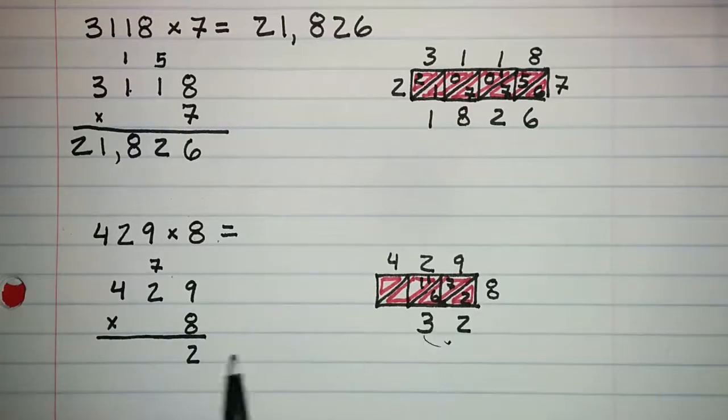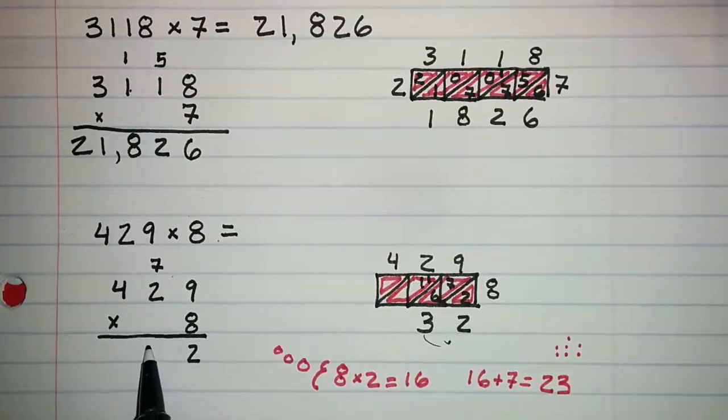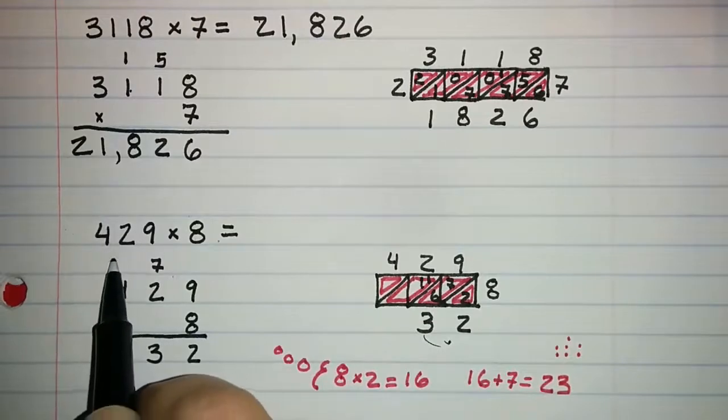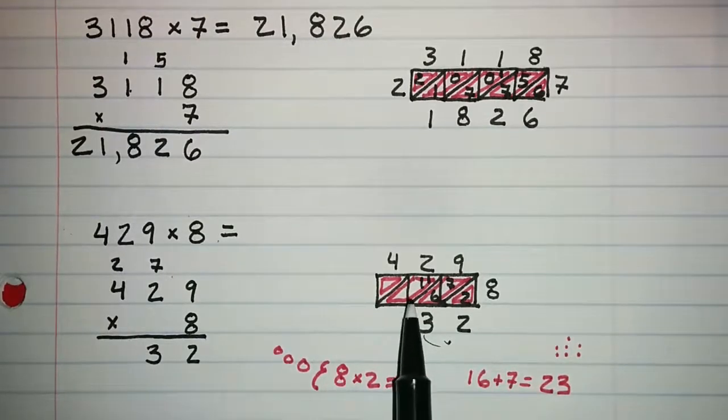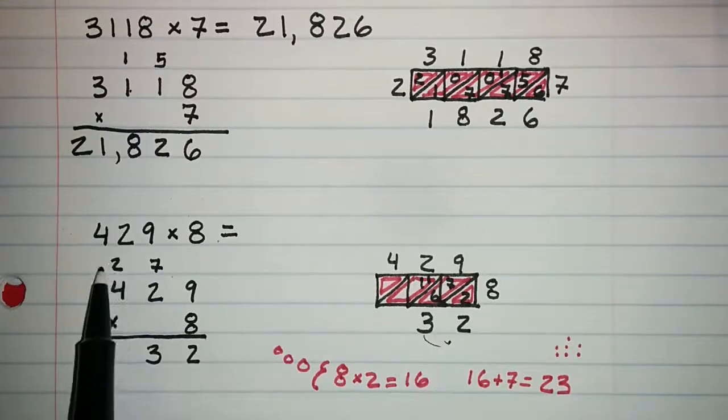What happens over here? I multiply 8 times 2 is 16, and then I add the 7 that I carried. 16, 17, 18, 19, 20, 21, 22, 23. So I'm going to write down the 3 and carry the 2. Right, so over here I have a 1 and an additional 1 that I carried. Here I just carried a 2. That accomplishes the same thing.